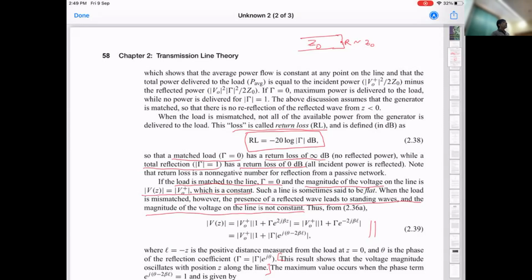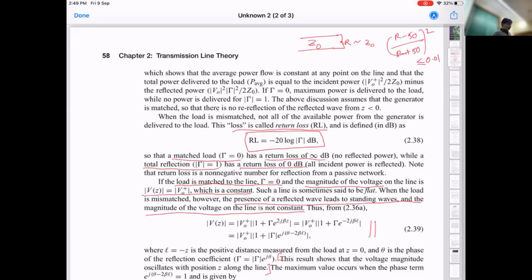That turns out to be roughly between 40 and 60 ohms. If you do the calculation, remember what you want is ((R − 50)/(R + 50))² to be less than or equal to 0.01.